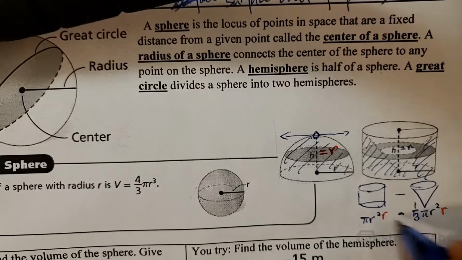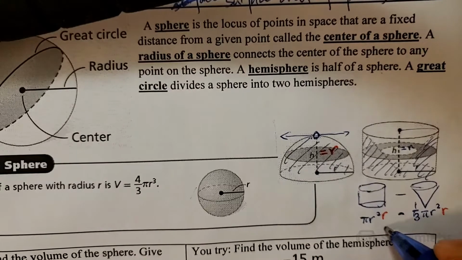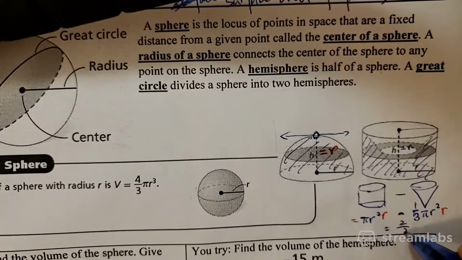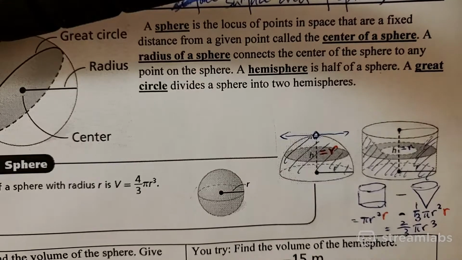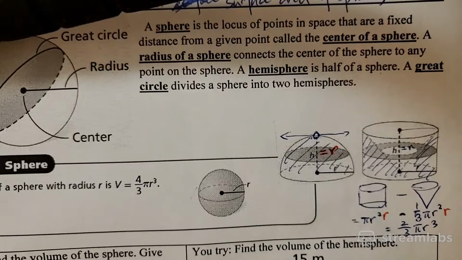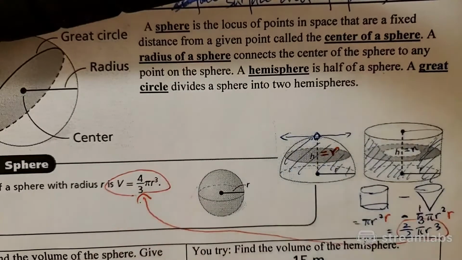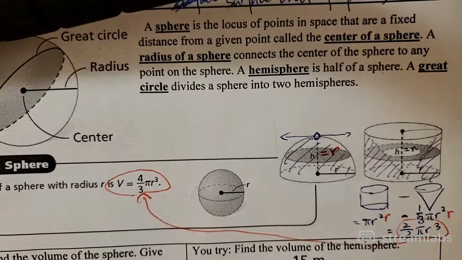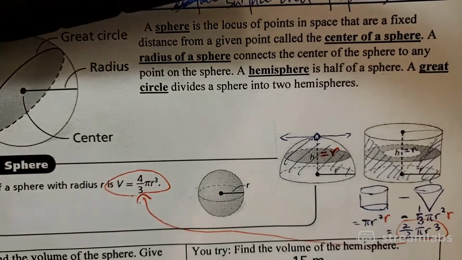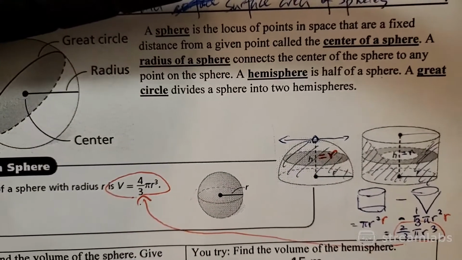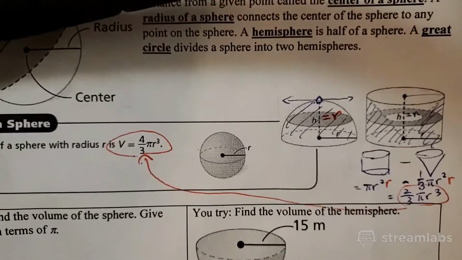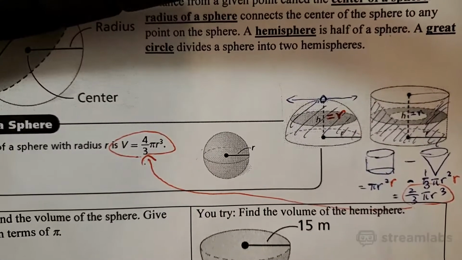So essentially, when you subtract it, this is pi r cubed minus 1/3 pi r cubed, so together this is 2/3 pi r cubed. But this is only half, right? So if you want the whole thing, then you double it. So if you double it, you get this: 4/3 pi r cubed. Okay, this is a brief idea of how you prove it. I'm going to show you the animation later. Not later, but I'm going to send you the link, okay?